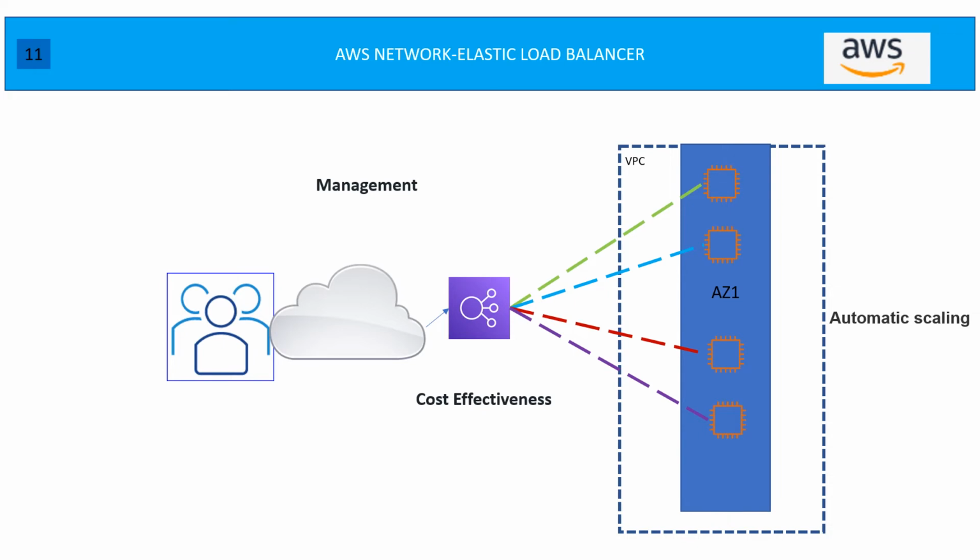Another key reason is the management. Since we already talked about SSL, instead of managing your SSL certificate for hundreds of devices, you can have simple manageability on the load balancer.